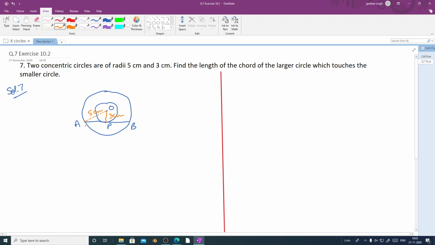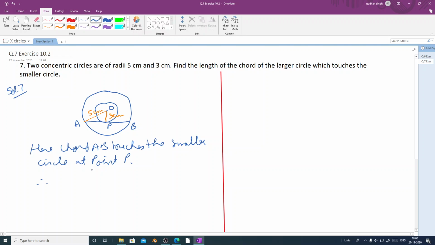Now what it says is that chord AB touches the smaller circle at point P. So it is only touching the circle.